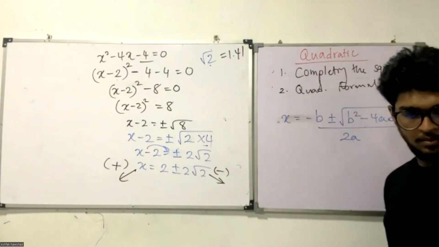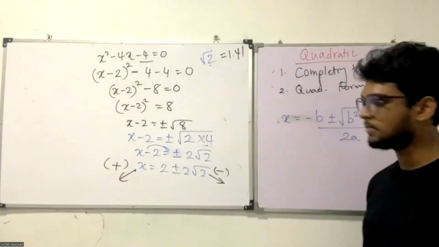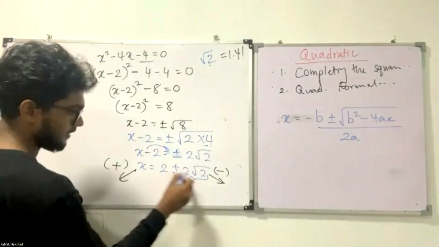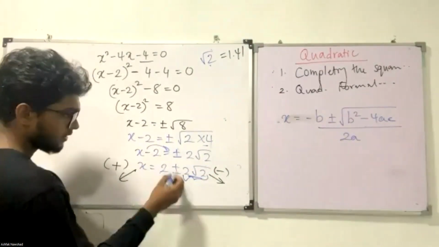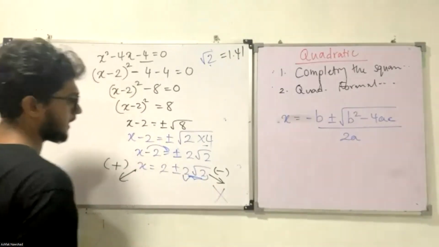What would be the correct answer? Positive one, exactly. Because root 2 is bigger than 2, if we subtract 2 root 2 from 2, we are going to end up with a negative answer.